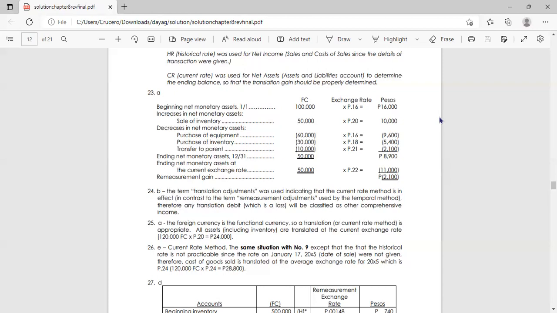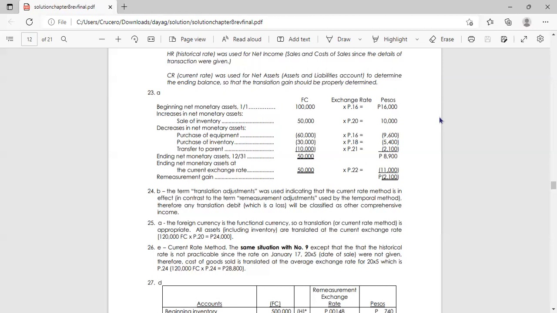All assets, including inventory, are translated at the current exchange rate. Since we are using this method, number 1, we have the total assets for 120,000 and we use the rate prevailing on December 31, 20x4.